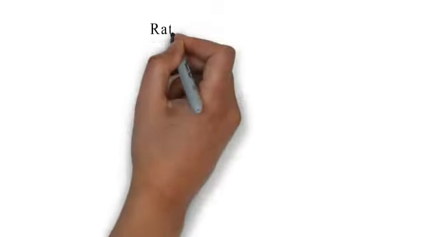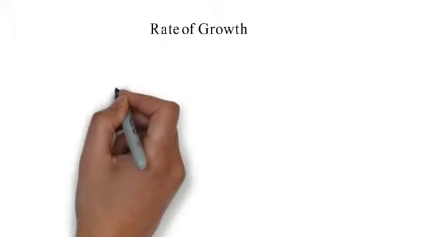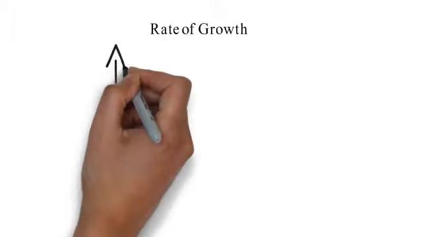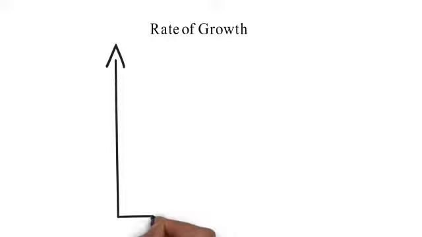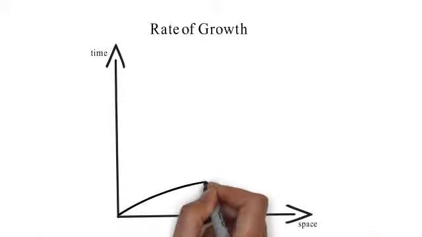Rate of growth of complexities. We use a graph for that. There are two options, time and space, which we follow for finding the complexity of an algorithm.